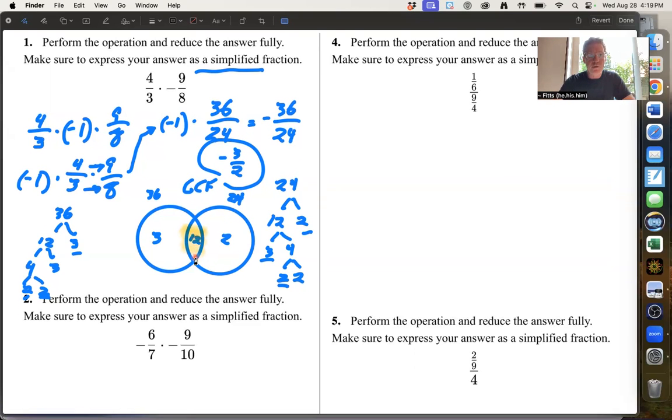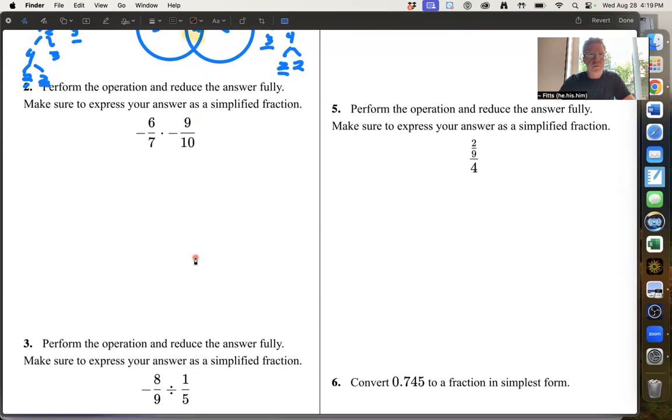So the next one here: perform the operation and reduce the answer fully. Make sure you express your answer as a simplified fraction. So 2 negatives, so a negative times a negative is a positive. Again, you could say it's -1 times 6/7 and -1 times 9/10, and then -1 times -1 is +1. So let's just go ahead and multiply these together.